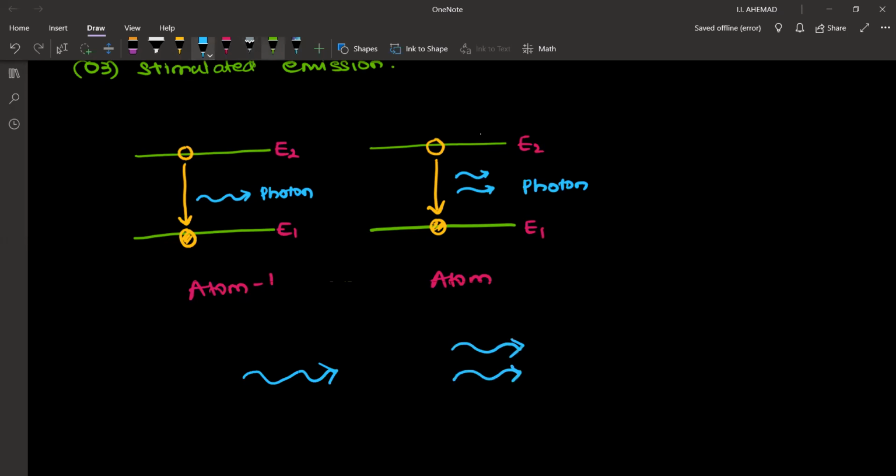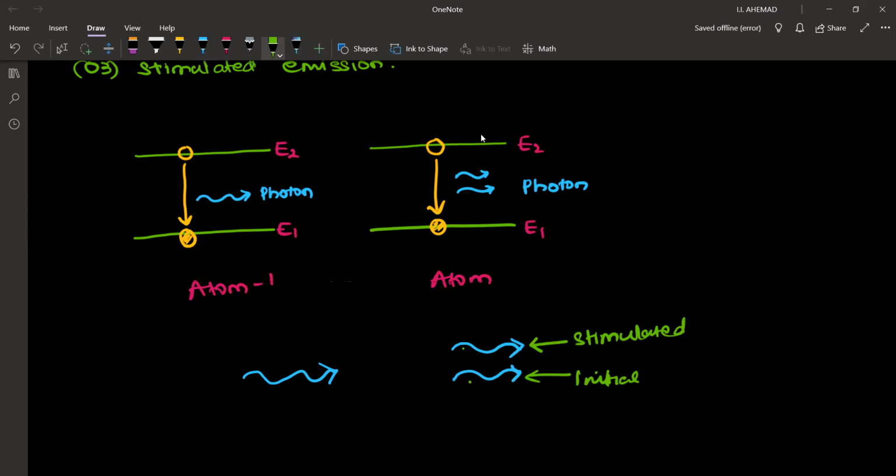This is the initial photon, and this is due to stimulation. This photon stimulated this electron to release energy. Is that idea clear?